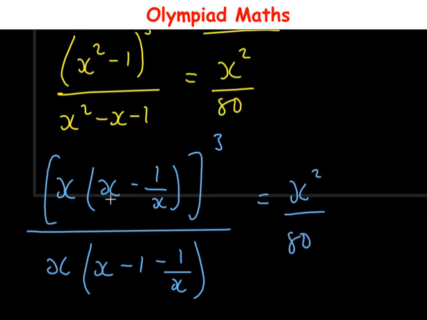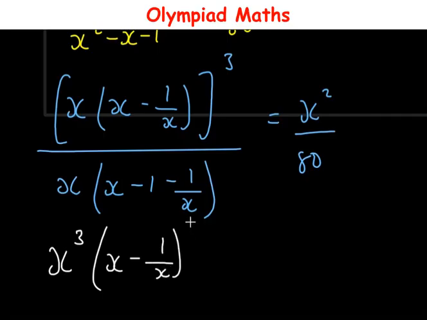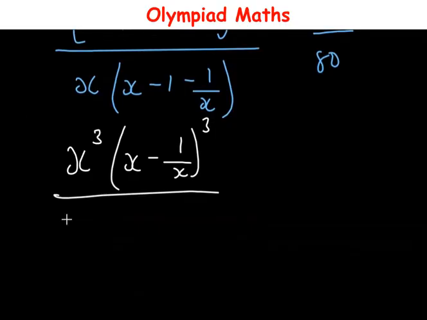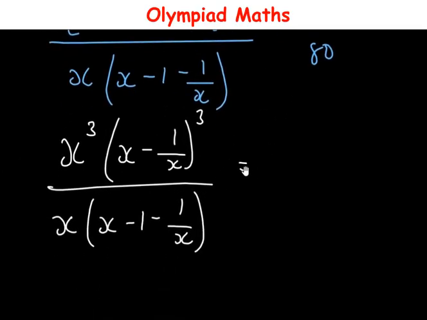So from here, power 3, we open the bracket, we have x³ times (x − 1/x)³, then divided by x times (x − 1/x), and this equals x² over 80.